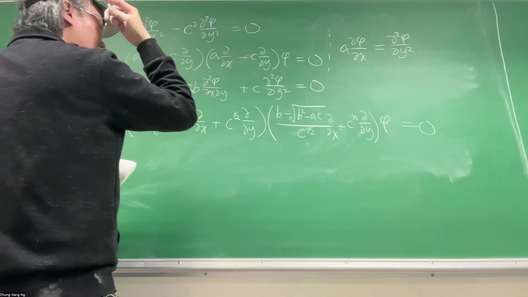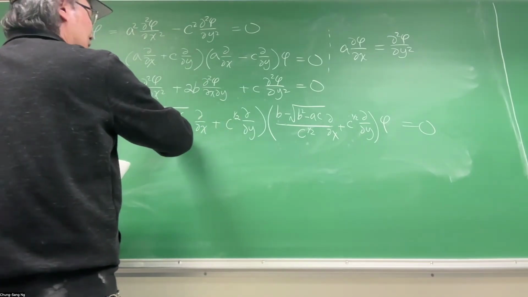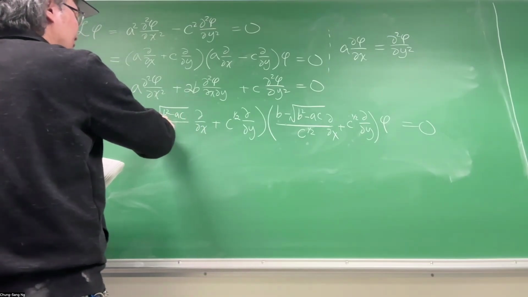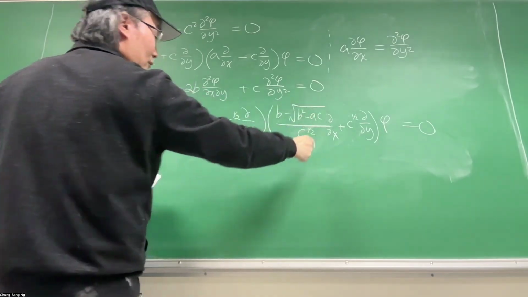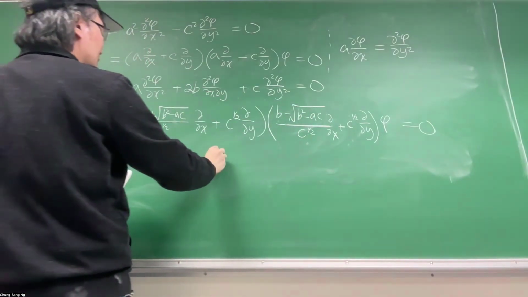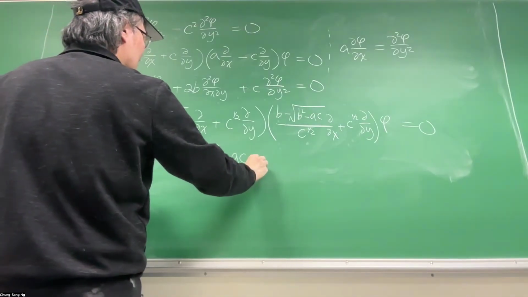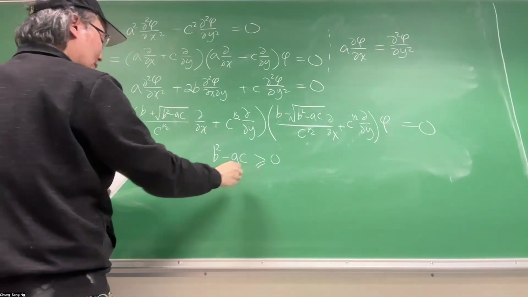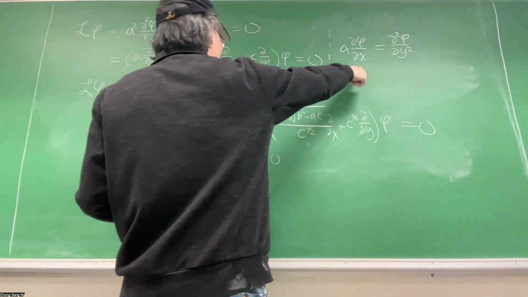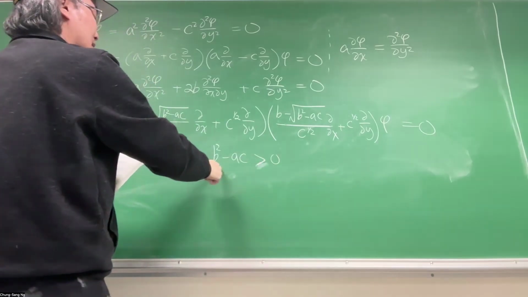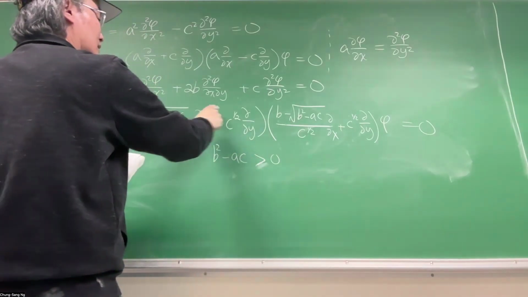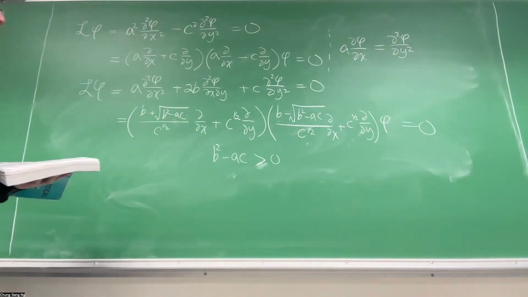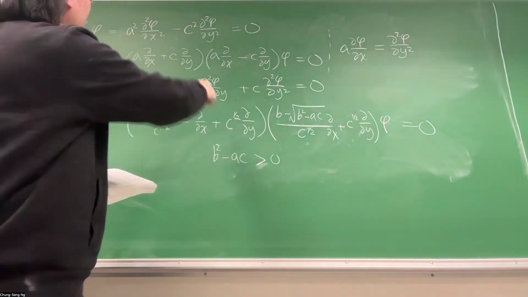And the idea is now that whether you have a real solution depends on whether the square root is real. And whether the square root is real depends on the inside of the square root, whether positive or negative. So if B squared minus AC is positive, or even 0, right? But 0, I think, will give you a parabolic. If it's positive, then these are all real. The square root is real, the coefficient is real, then you get this, just like what we did in the first case, the minus case, right?